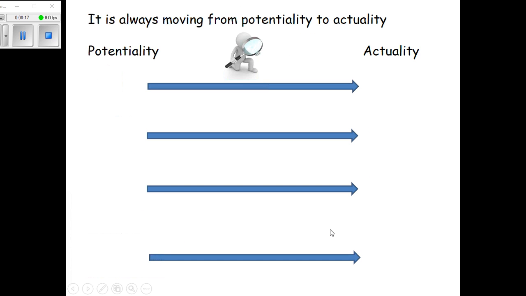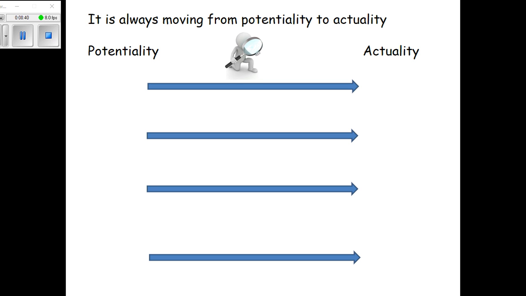For Aristotle, the forms actually exist inside the object. And the whole world is moving from potential to actual, and it's trying to fulfill its form. And the form is inside of it.